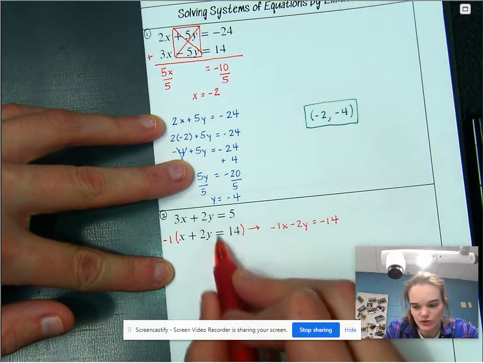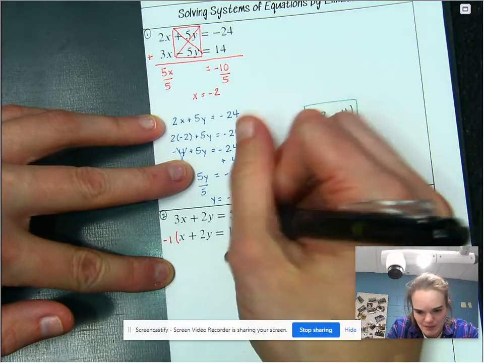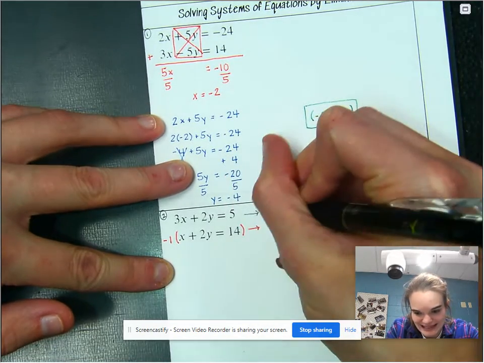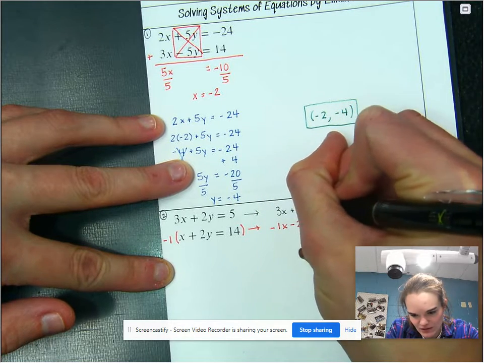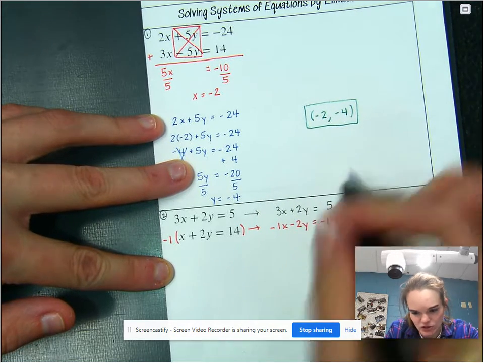It did not matter which one I multiplied by. I'm then going to rewrite this one because I need them to be lined up to eliminate. I didn't change that one.